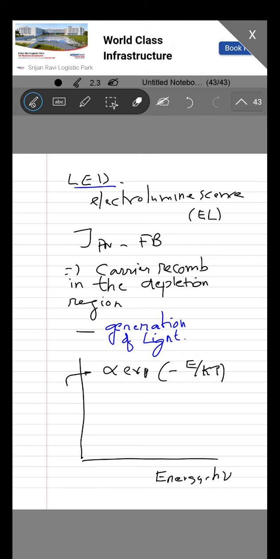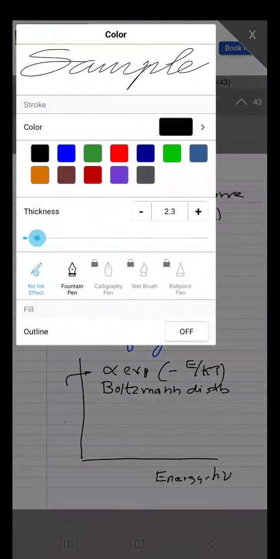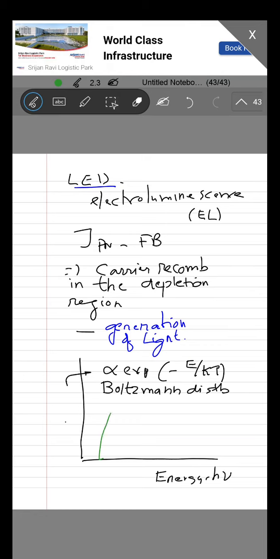So this is basically a Boltzmann distribution. So number of photons versus energy, and what we see is that we get a plot like this. So this is supposed to be the energy gap Eg, and this is Eg plus kT by 2.